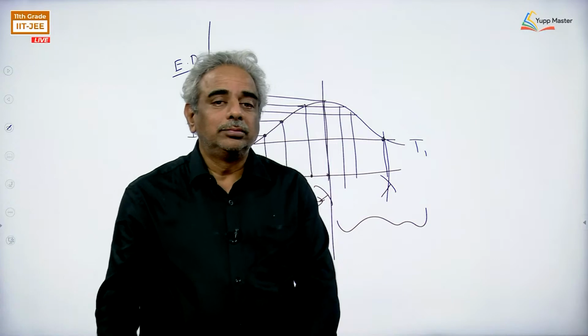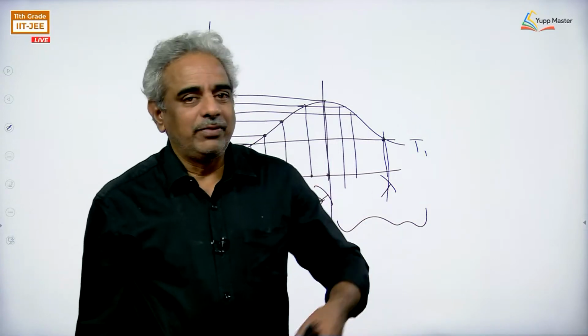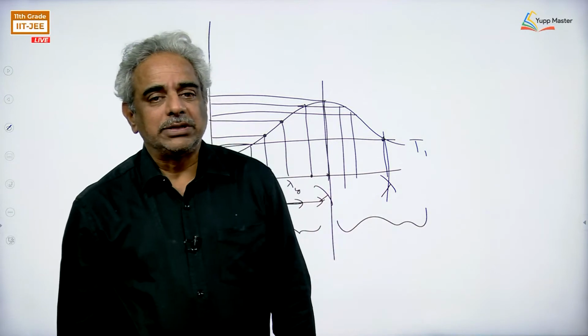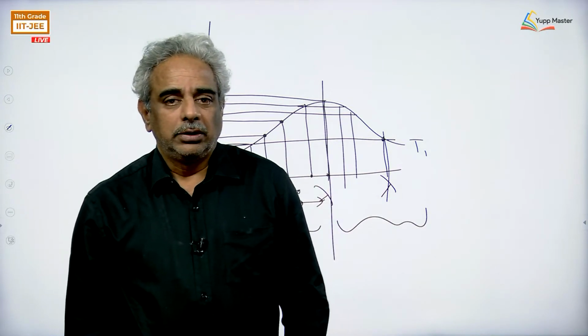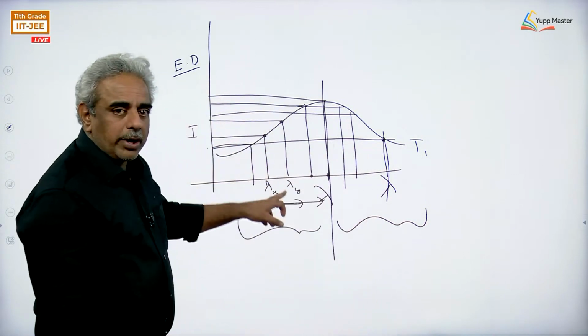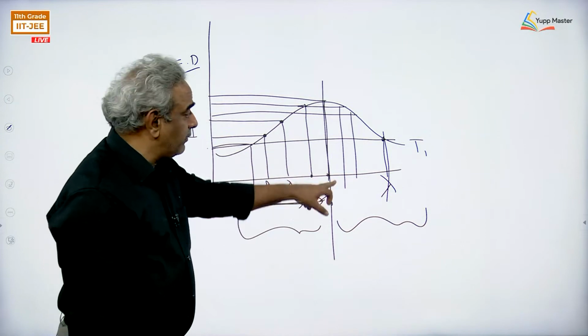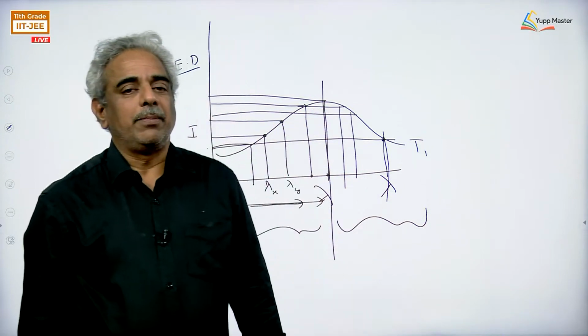What should I conclude? Should I say with increase in wavelength, intensity increases? Not happening. There are higher wavelengths with low intensity, lower wavelengths with low intensity, medium wavelengths with high intensity. That is the behavior of a black body.